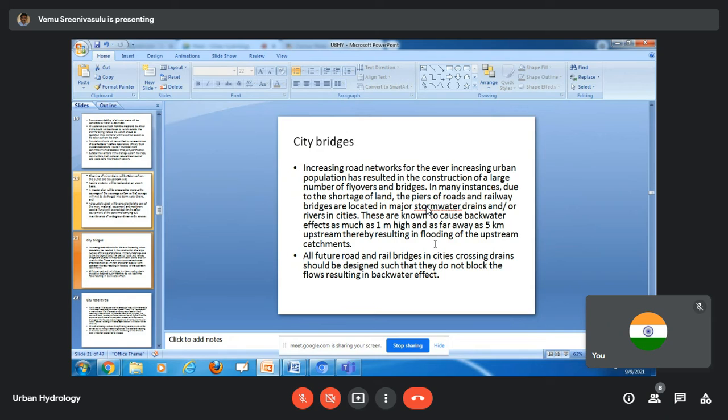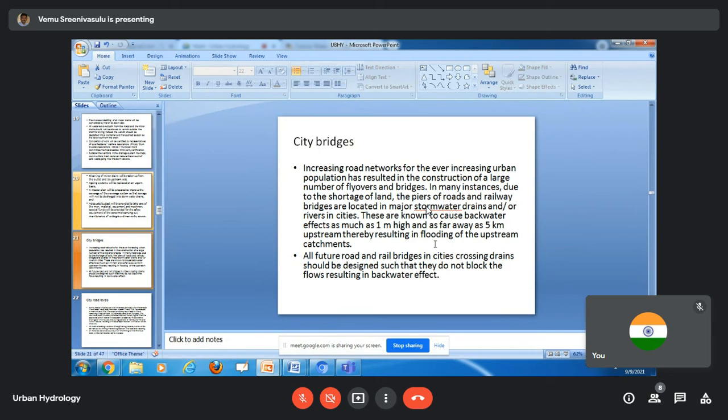Because of the cost of land, public infrastructure is generally built on rivers, roads and open drainage systems, right? Because of that, the cross-section area of the drain gets reduced and there is a backwater effect, approximately 1 meter high, going up to 5 kilometers. It causes flooding in that area.